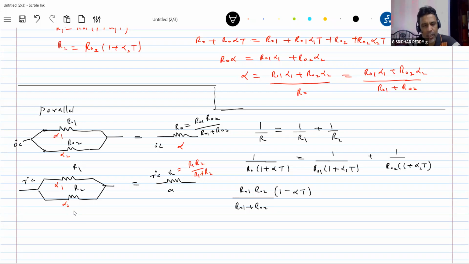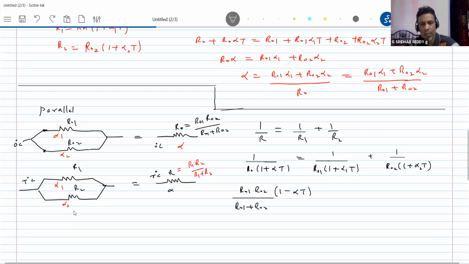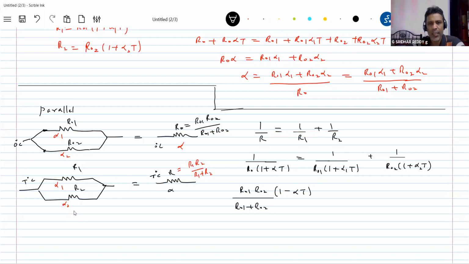I'll send it to the numerator, then after expanding, neglect higher order terms. What is the value of alpha T? The product alpha T will be very much less than 1.